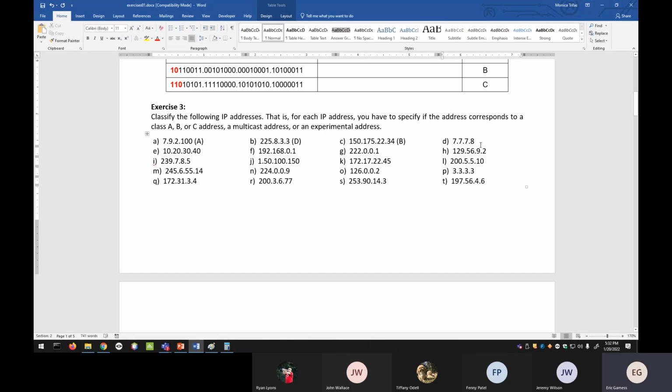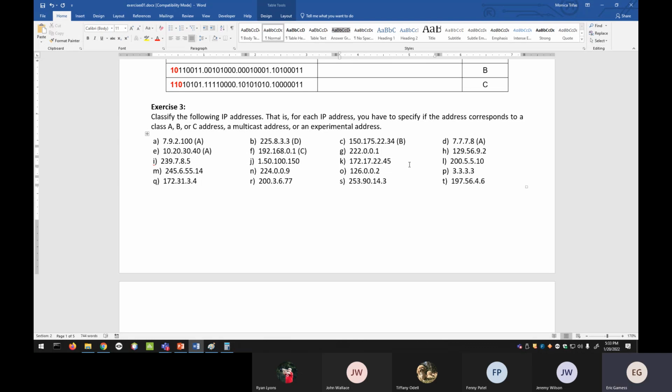What about this one? A, because it is between 0 and 127. What about this one? A also. What about this one? Because it is between 192 and 223, no? For C. What about this one?